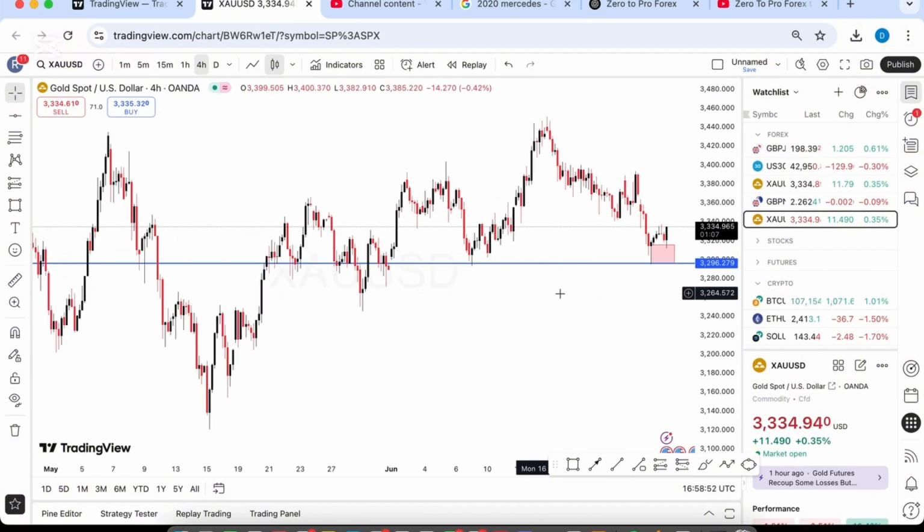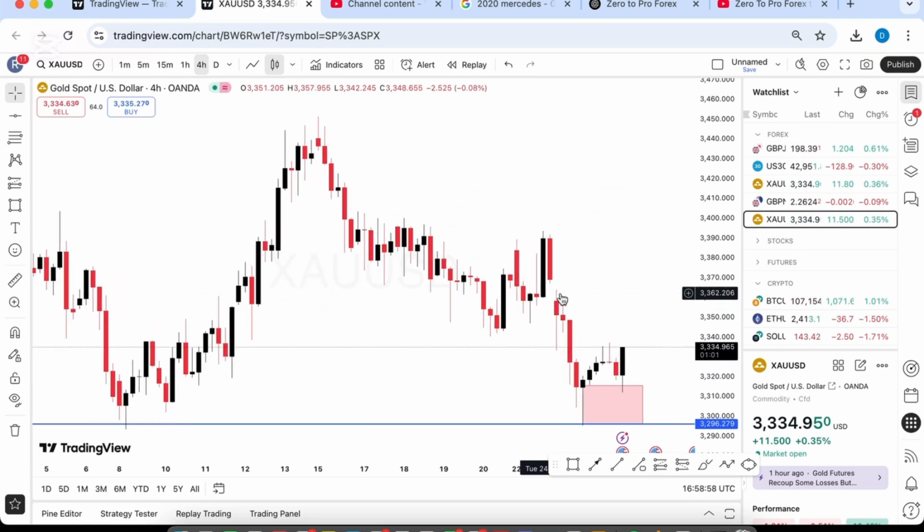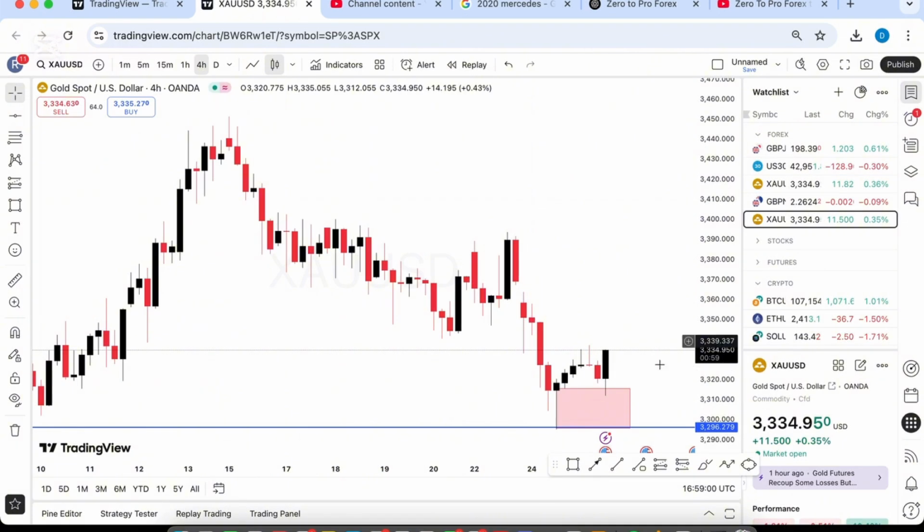One thing that will give me that peace of mind is if on this 4-hour time frame, based on this move, you should see price be able to change character. That's one thing that will give me comfort. Right now we are pushing to the upside, but if this thing doesn't break out, I cannot have peace of mind.